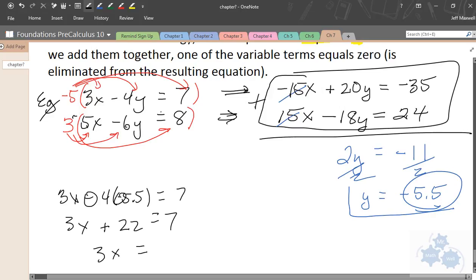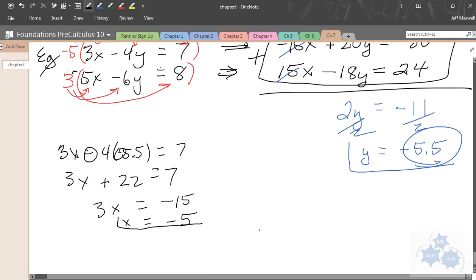So 3x equals 7 minus 22, which is negative 15. X is going to be equal to negative 5. Everyone see that? So your answer is the point negative 5, negative 5.5. Or you can simply write x equals negative 5 and y equals negative 5.5.